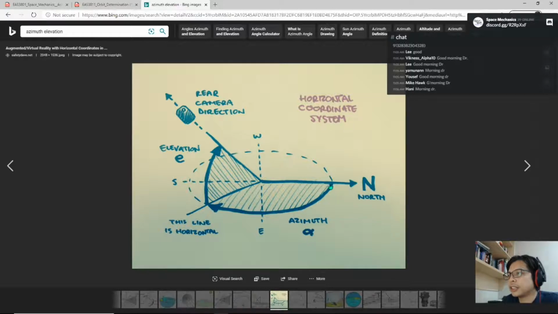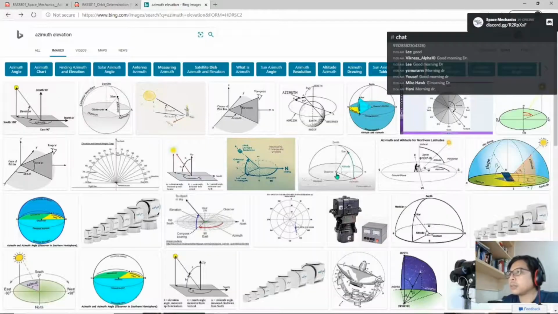The angular distance from north to the object on the ground, you project a line here, that is the azimuth angle, and then from the ground up, that's the elevation angle. In this diagram it's shown as alpha and E, but we are using big A and small a. Let me see if I can find any other pictures just to give you a bit more.